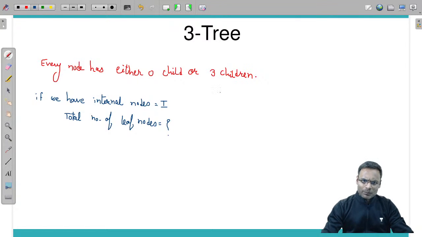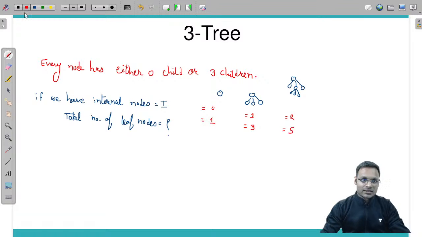Let's take a simple example. Here, internal nodes 0. In this case, number of leaf nodes is 1. Let's take another example. Internal node 1 with 3 children, right? In that case, number of leaf nodes are 3. If we add another internal node with 3 children, then internal nodes are 1 and 2, and number of leaf nodes are 1, 2, 3, 4, 5.